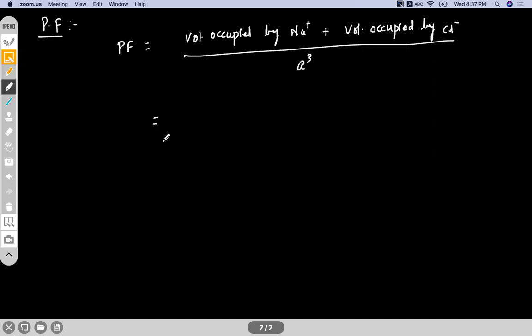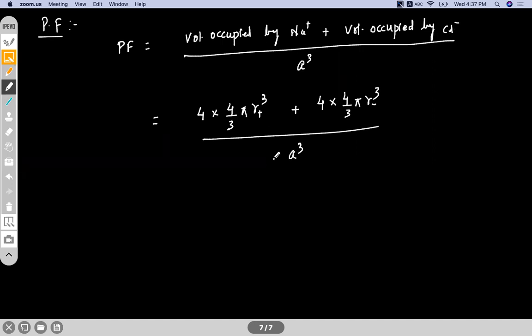Now we have 4 Na+, so the volume will be 4 into 4/3 π r+³ plus 4 into 4/3 π r−³, divided by a³.